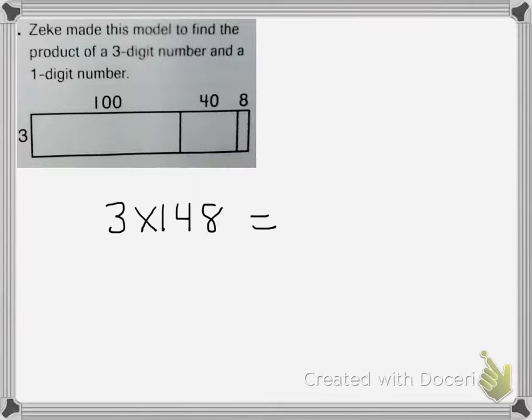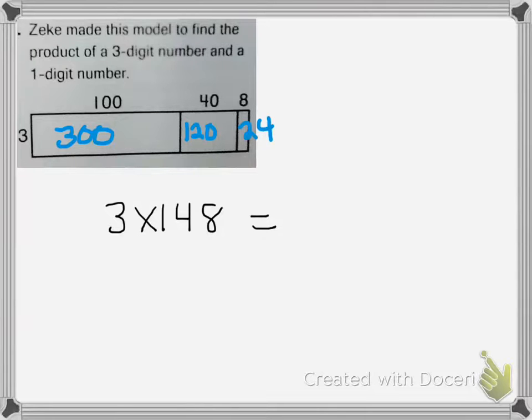Here is the multiplication sentence you should have written for this problem. You could solve by using the graphic organizer. 3 times 100 is 300. 3 times 40 is 120. 3 times 8 is 24.